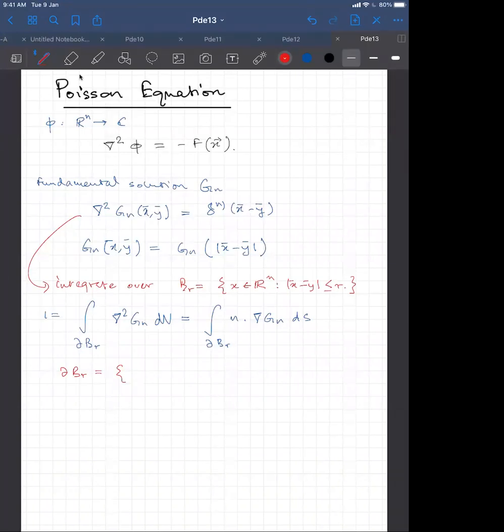So this is x belonging to Rn such that the modulus of x minus y is equal to R. Okay.